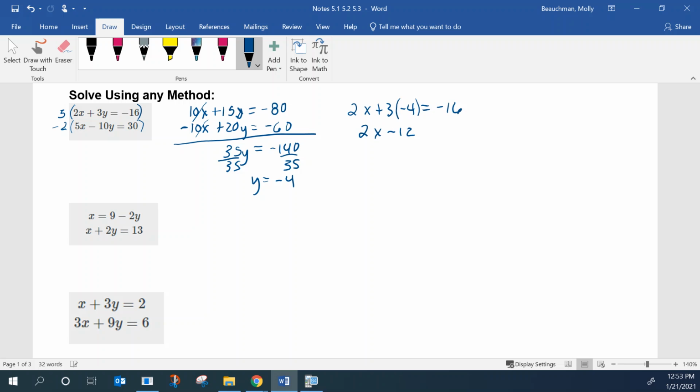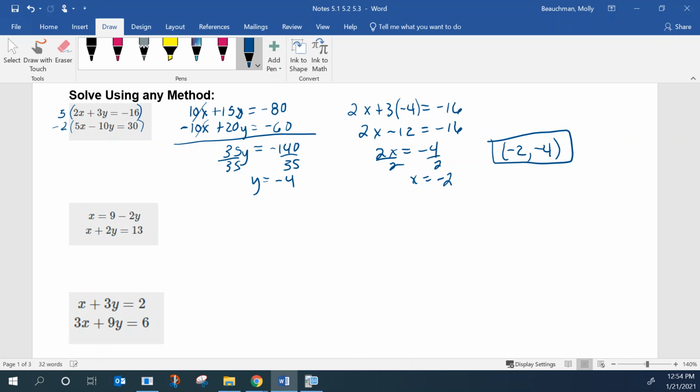So 2x minus 12 equals negative 16. Add 12 to both sides. Divide both sides by 2. x is equal to negative 2. So we had one solution again, and these two lines share the solution negative 2, negative 4.